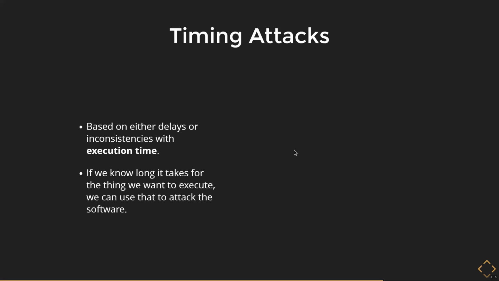So essentially, let's say it takes 5 seconds for a program to crash, but 10 seconds for it to return successfully, we can take advantage of the fact that it crashes in 5 seconds to potentially exploit a vulnerability in a system.